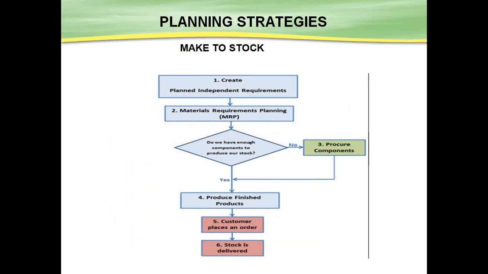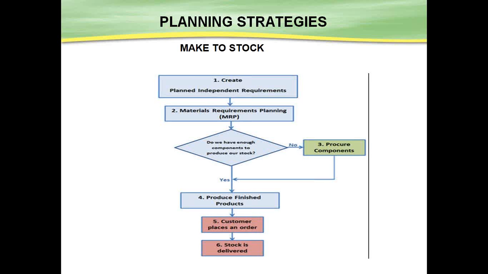Here, the first step is to create plant independent requirement. The meaning of plant independent requirement is that we have fixed some target based on our market survey, that okay, we will be able to sell this much quantity in the coming months. So the tentative figure is what we call the plant independent requirement.